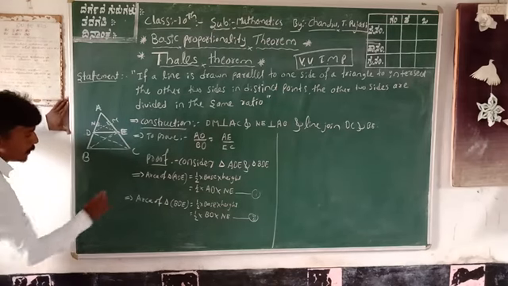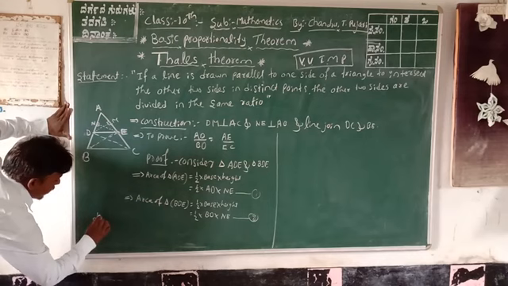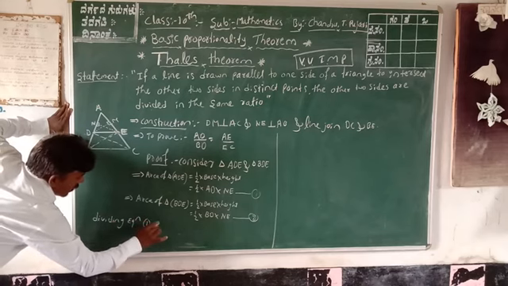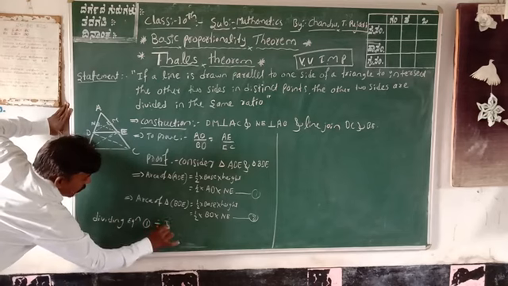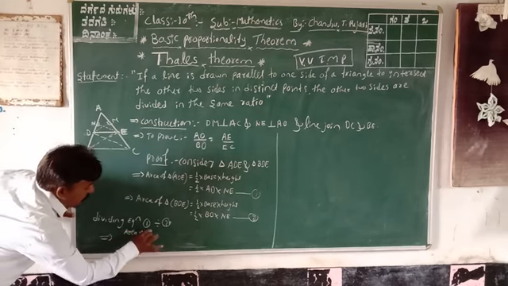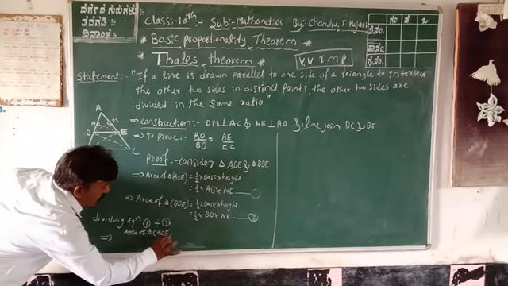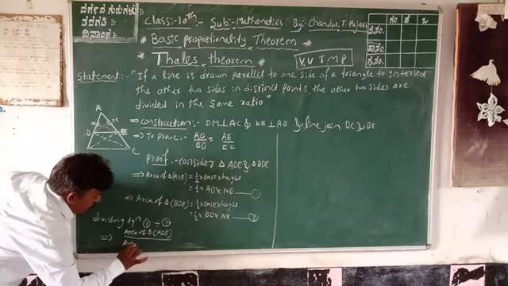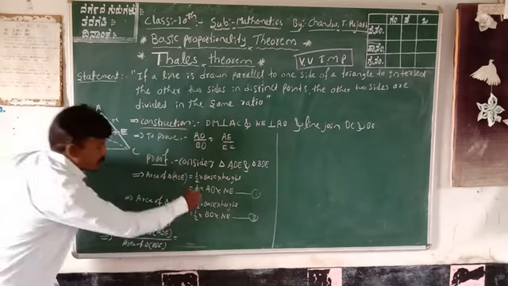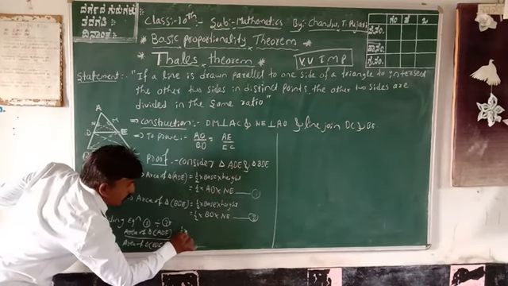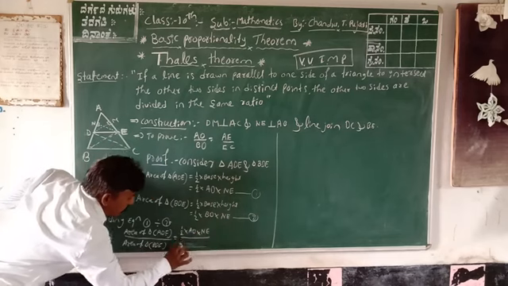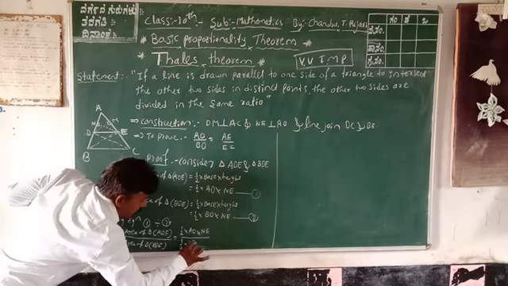Next, dividing equation 1 by 2. Area of triangle ADE divided by area of triangle BDE is equal to (1/2 into AD into NE) divided by (1/2 into BD into NE).